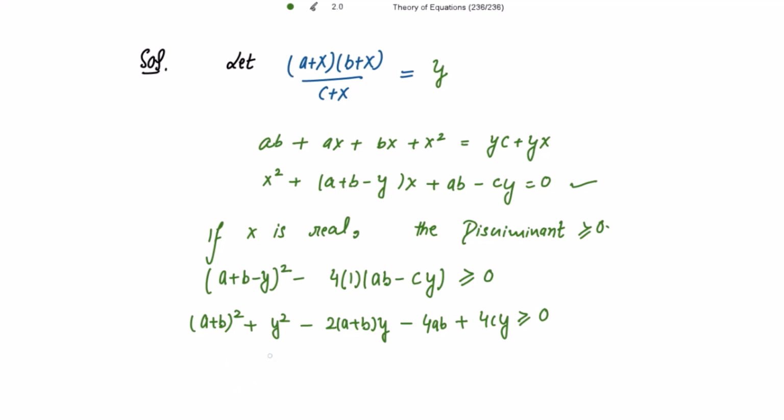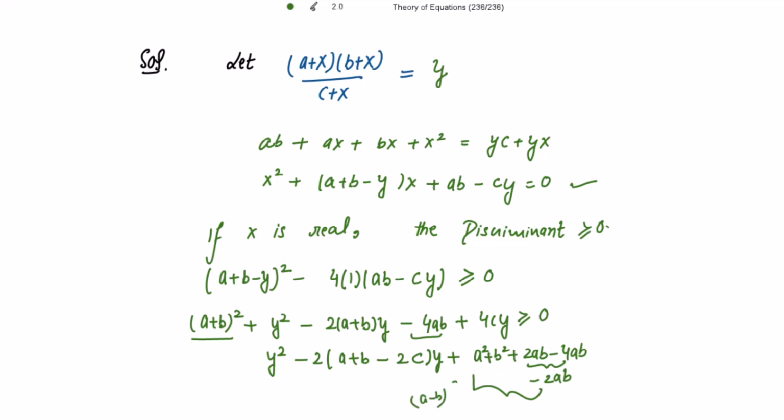Simplifying further, we get y square minus, writing the coefficient of y, twice of (a plus b minus 2c), and then plus (a plus b) whole square, that is a square plus b square plus twice of ab, and this is minus 4ab. So this becomes minus twice of ab. So this is your formula, that is (a minus b) whole square. So this is (a minus b) whole square greater than or equal to 0.